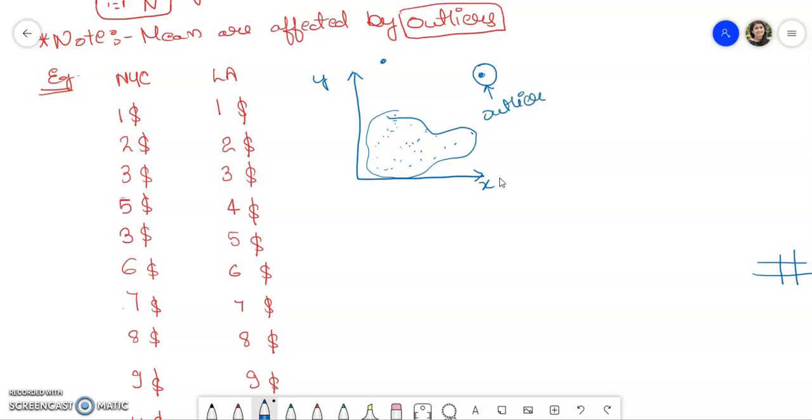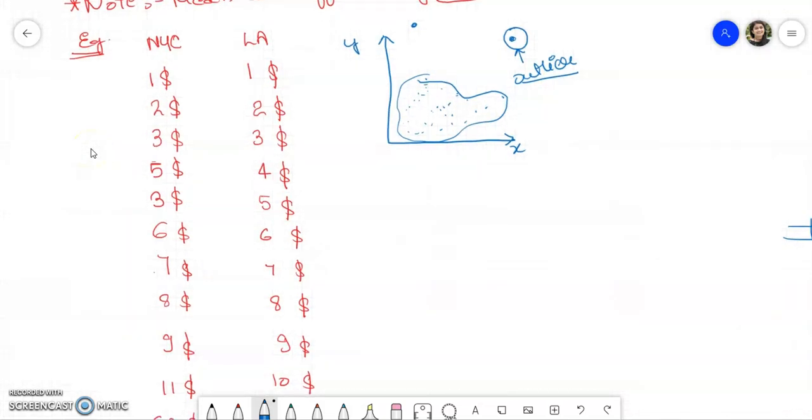So now I will explain how the mean is affected by the outlier present in a data set. This is the example I have taken. These are the prices of pizza from some restaurants present in NYC and LA. Here you can see the prices are in dollars.